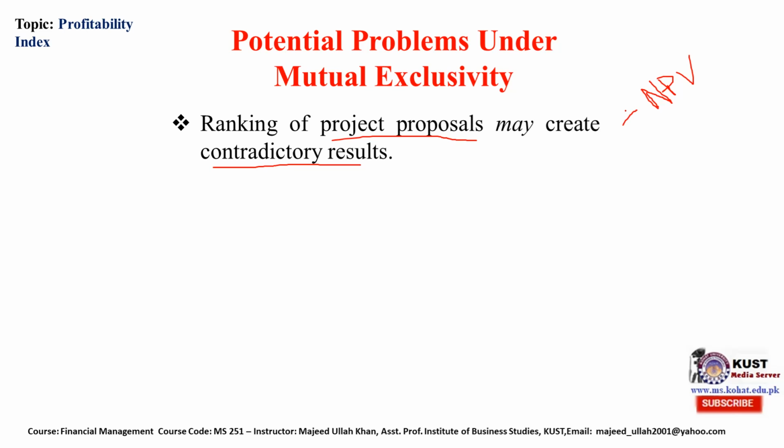On the basis of payback period, we can rank these projects. The shorter payback period project will be accepted first. For NPV, the higher NPV project will be accepted first. Then IRR, higher IRR projects will be ranked top. Then profitability index, the high profitability index project will be ranked top.